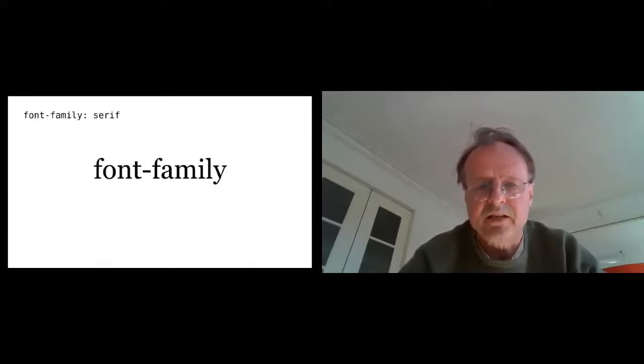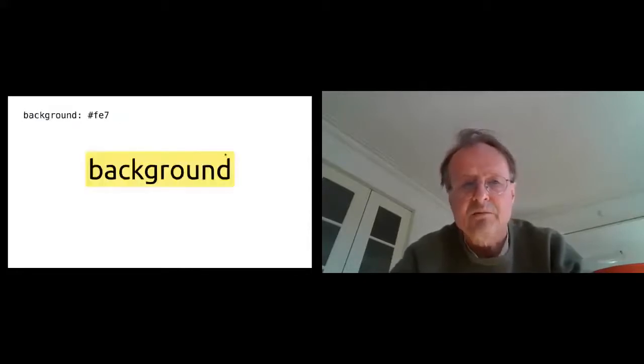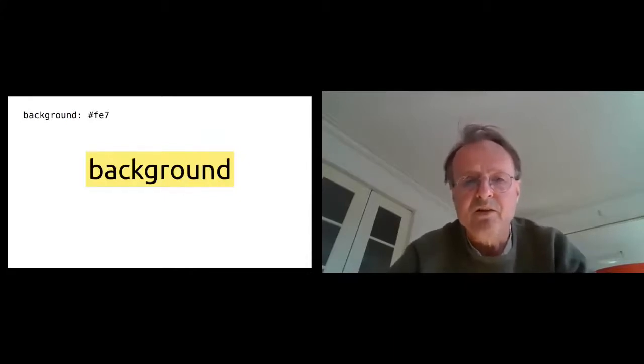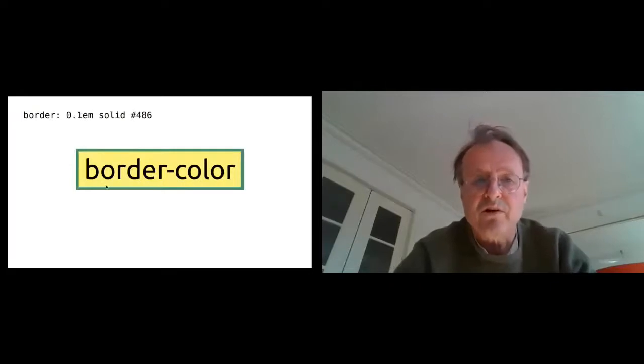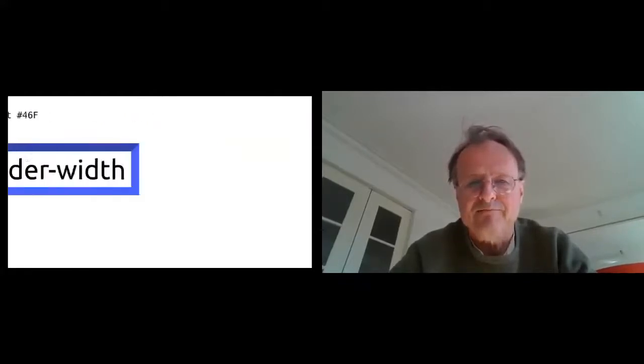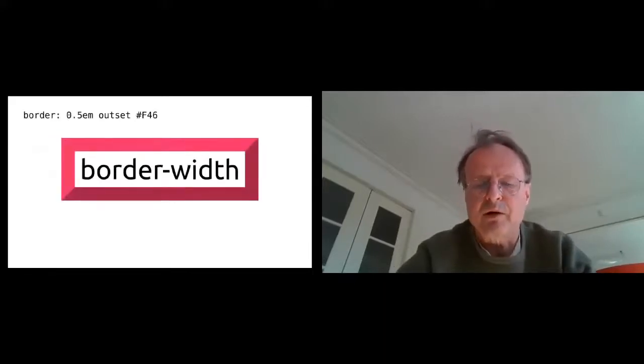The first generation of that CSS specification had these things, being able to set serifs, being able to set the background of an element, being able to set the color of that background. That was really, really hot in 1995, I can tell you. And borders as well. Wow, you could have a different border than the background color. Fantastic. It's not quite as impressive now, but I'm just showing you this to show where we came from.